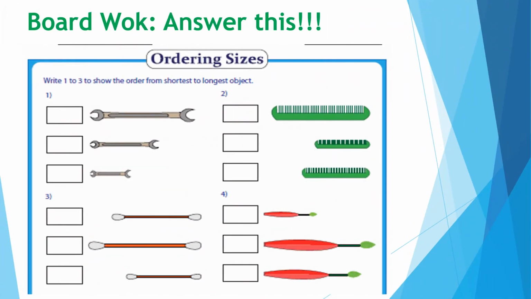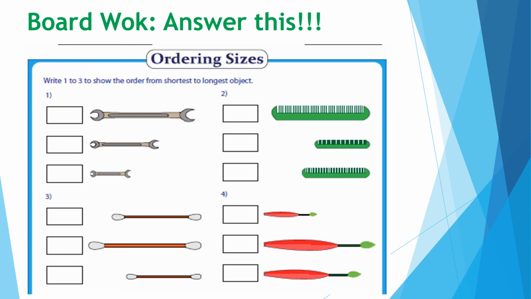Okay, another board work activity. Now it says answer this, ordering sizes. Write 1 to 3 to show the order from the shortest to the longest. So I'm going to do the first one.